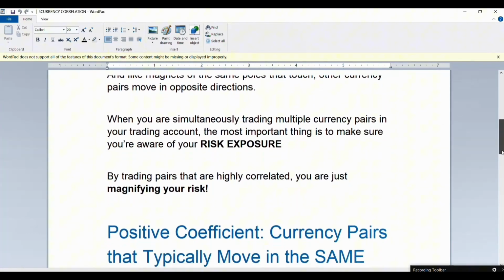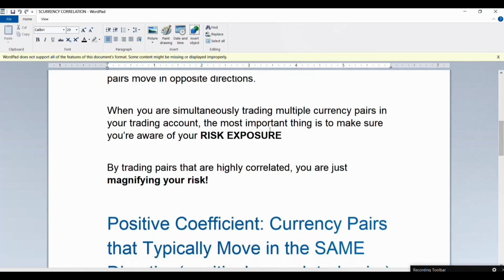They don't move together. Now, when you are simultaneously trading multiple currency pairs in your trading account, the most important thing is to make sure you are aware of your risk exposure. By trading pairs that are highly correlated, you are just magnifying your risk. If you have currency pairs that move in the same direction, it is not always necessary to trade them.